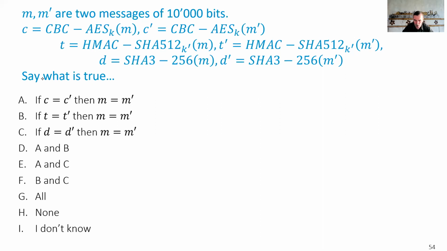Now I have two other elements. I have T and T prime. So T is HMAC SHA-512 K prime. So what does that mean? SHA, as we have seen, is a hash. But a hash doesn't have a key, but here there is a key. So here it is an HMAC, which is an authentication mechanism like CBC AES.